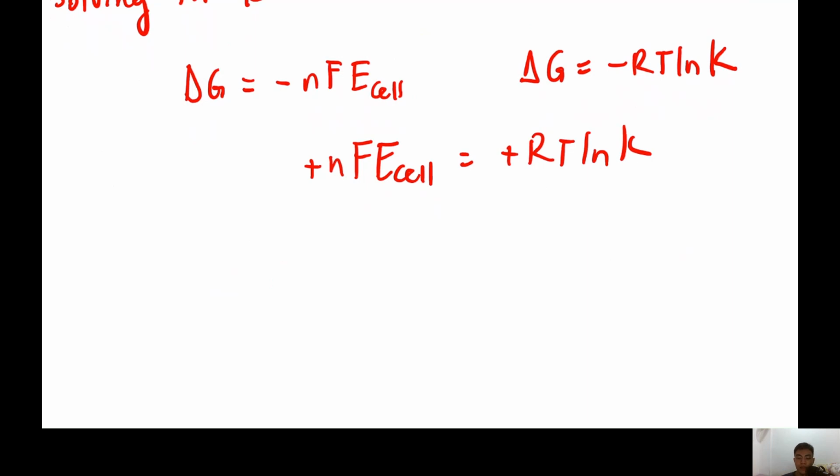So we have nF E cell equals RT ln K. But we are looking for the K, so we have to remove that. First, we divide both sides of the equation by RT. So we have nF E cell over RT equals ln K.